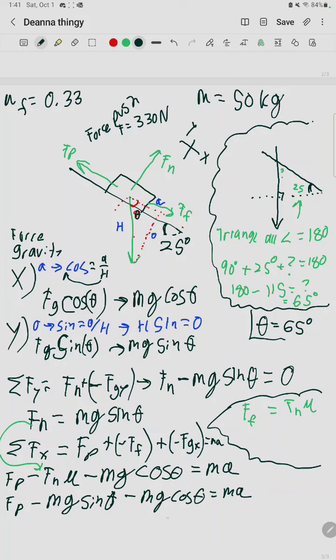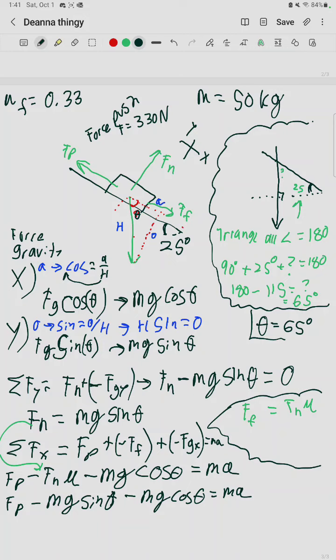I know there's a way you can combine this sine and cosine. I'm just going to look up the trigonometry rules real quick. Or maybe that's later. Yeah, I think later on you're going to have to combine them.